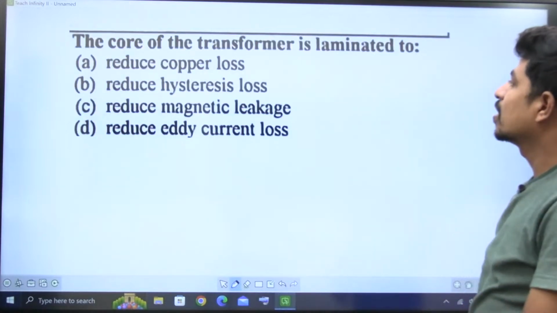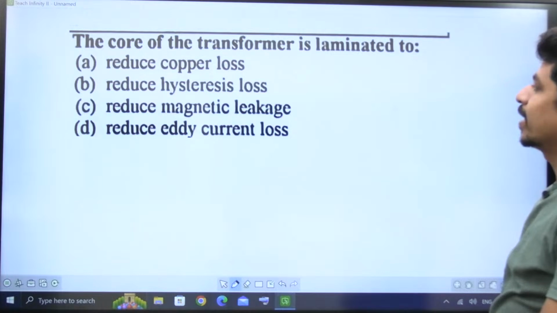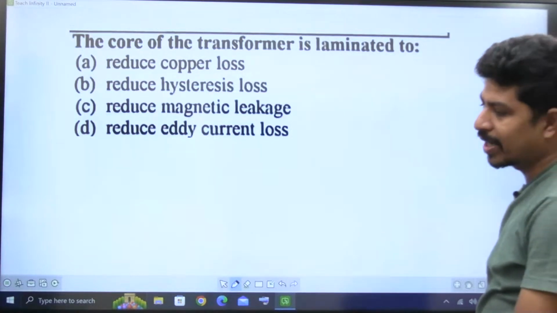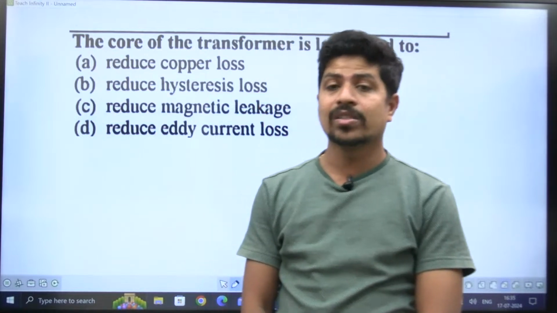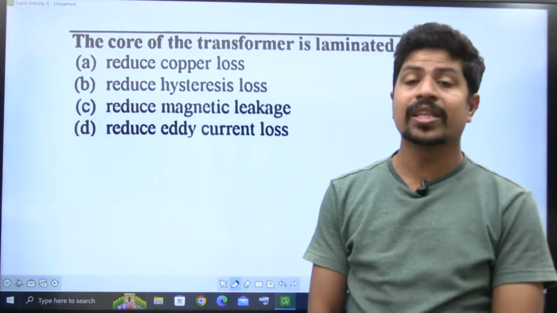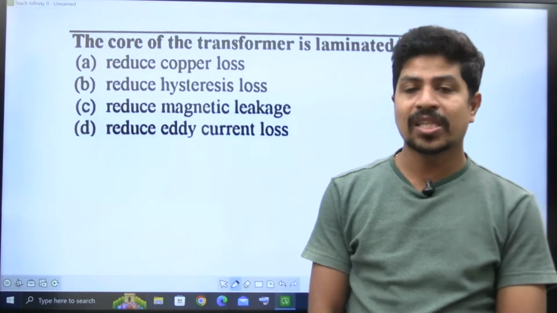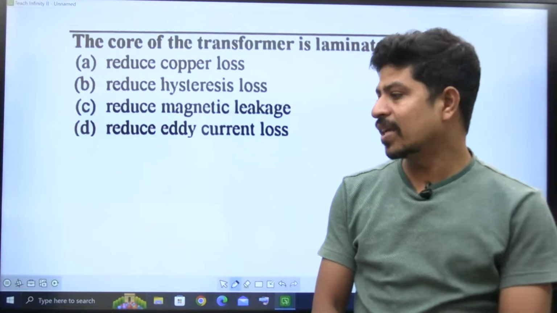Next question, please. The core of the transformer is laminated. What is the purpose of laminating the core of a transformer? To reduce eddy current losses. Previously we saw the formula, that is proportional to t square, where t is the thickness of the lamination. If lamination thickness is low, then eddy current loss is going to reduce, right?